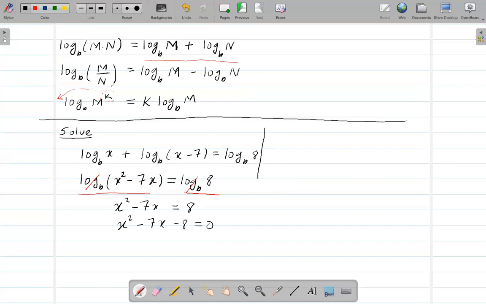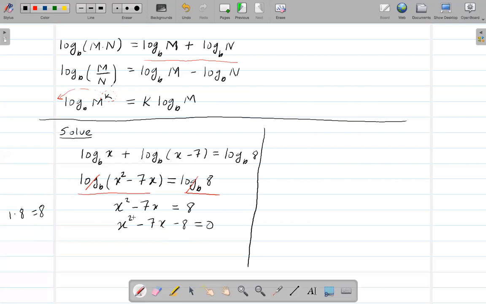Right, so now this is a quadratic equation, so now I can solve it easily. This is algebra, and I don't know if you remember, I can show that again. Just multiply a times c. A is 1, c is negative 8. Don't worry about the negative for right now. So a times c is 1 times 8. Just worry about the numbers: 8.